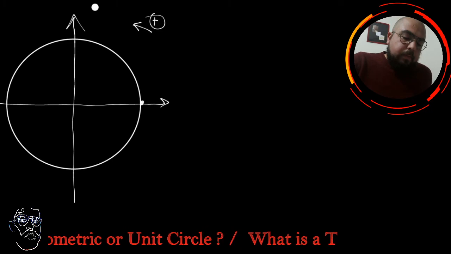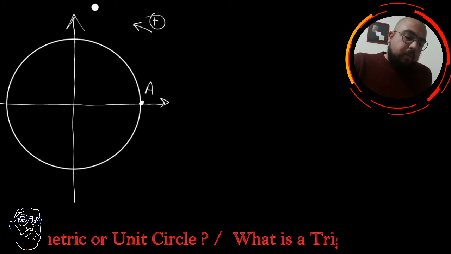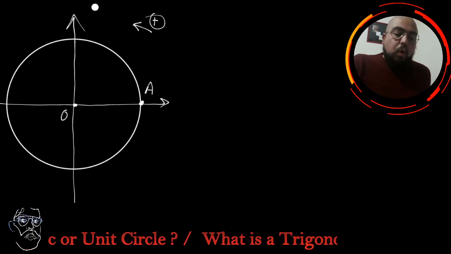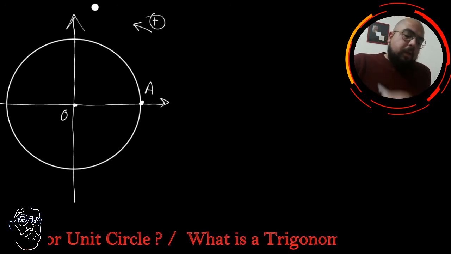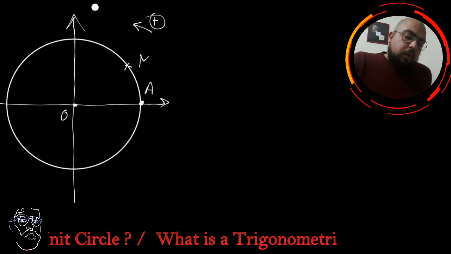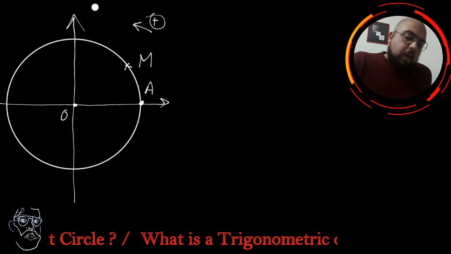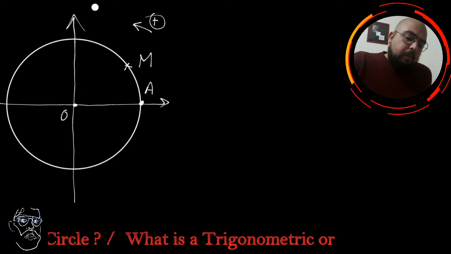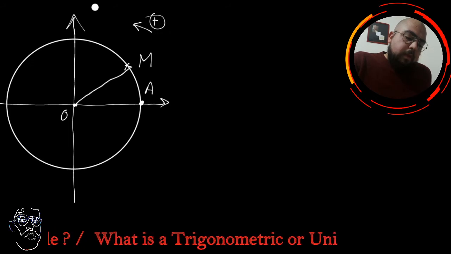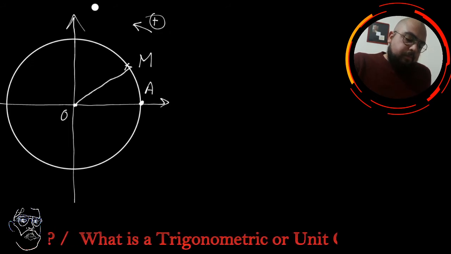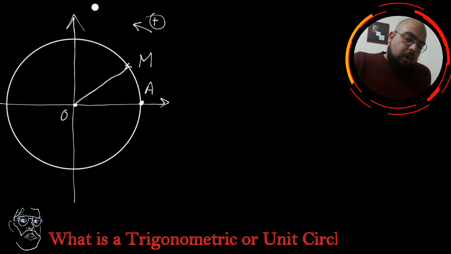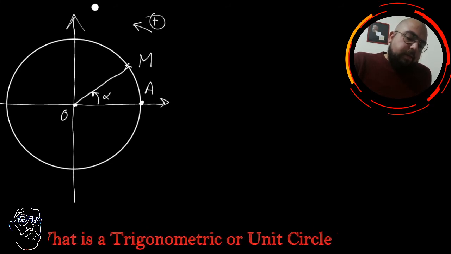This point is simply the origin A. In case you want to talk about the center, it's O. And I'm going to choose a certain point which is called M, such that OM, the segment OM, makes a certain angle alpha with the axis of abscissa.